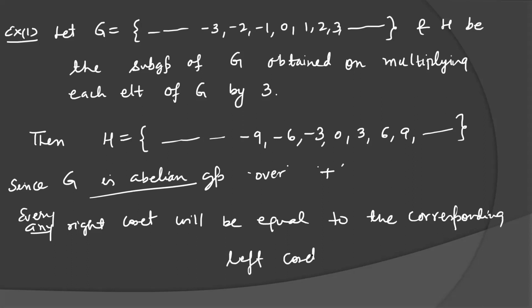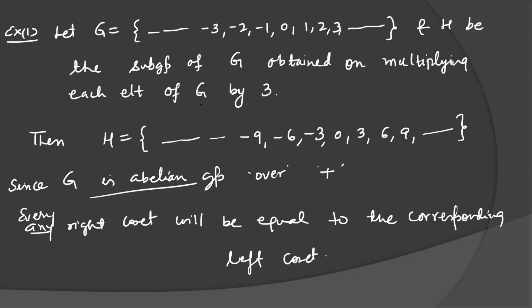Here we do not need to find both left and right cosets, because the right coset will be equal to the left coset since the group is abelian. So if we are able to find the right cosets, they will be equal to the left cosets also. Let's start with right cosets.